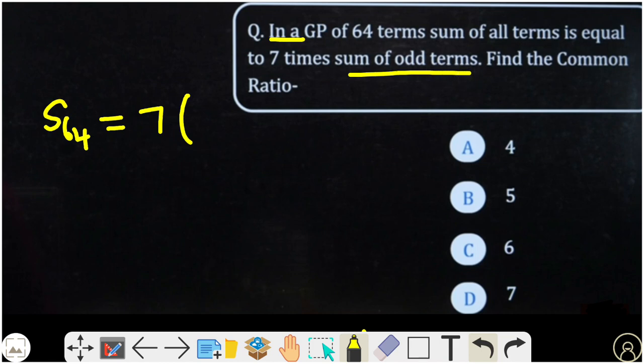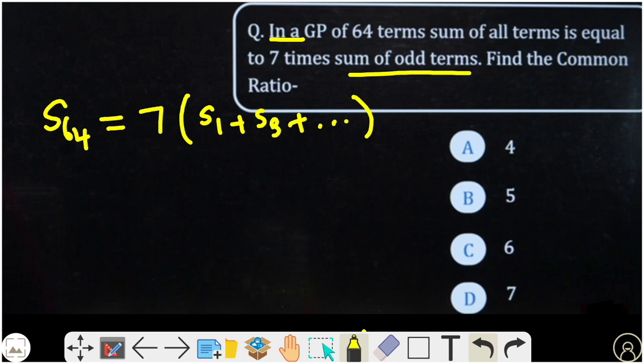Sum of odd terms means S1, that is the first term, plus the third term, and so on till the last odd term. So we only have to calculate the sum of odd terms.